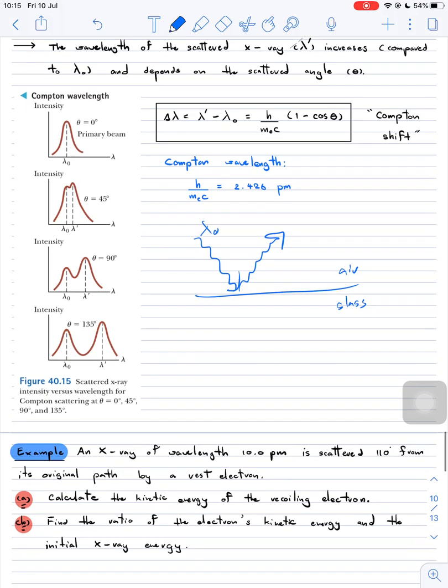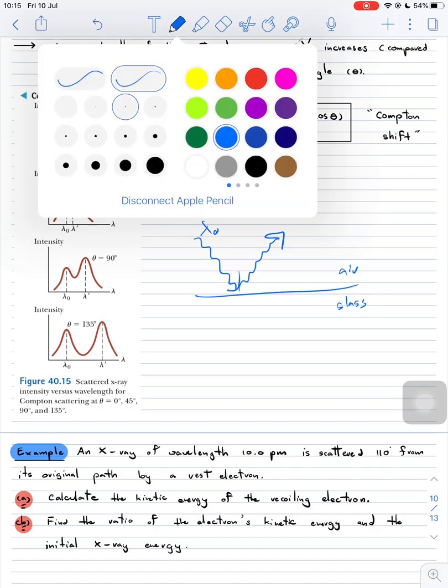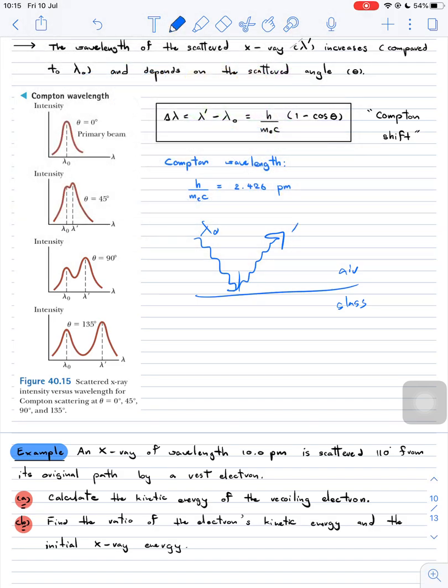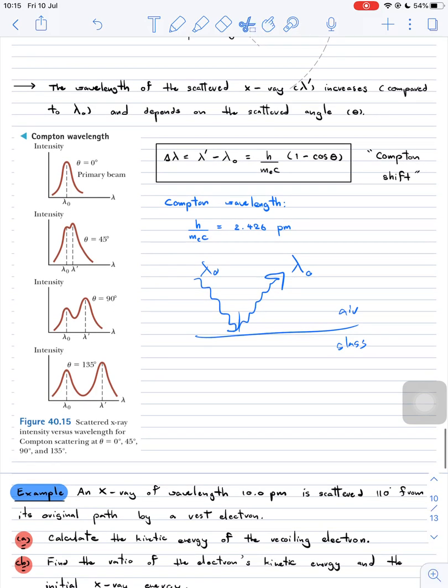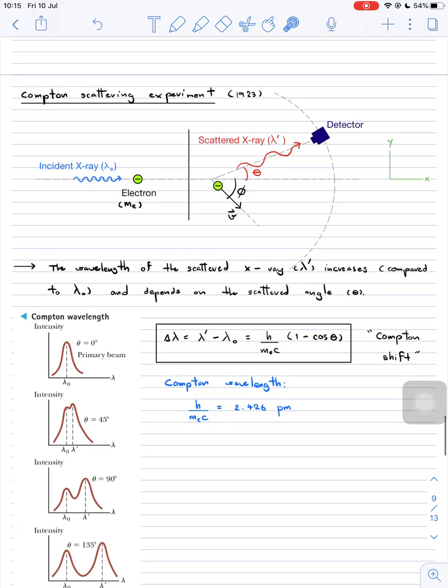If we measure the wavelength of this reflected wave, we should get the wavelength again equal to lambda naught. So these two must be the same. But here is the different thing: if we shine the wavelength lambda naught, we get the scattered X-ray to be lambda prime. So this is beyond the expectation.